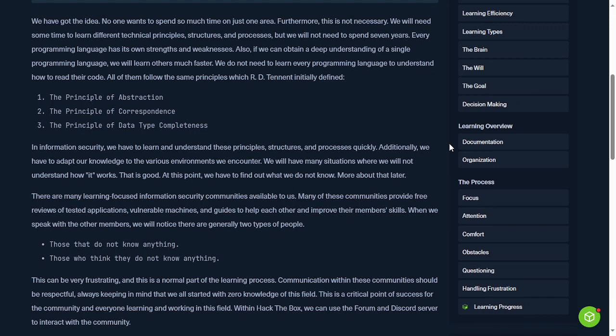We do not need to learn every programming language to understand how to read their code. All of them follow the same principles which R.D. Tennant initially defined. The principle of abstraction, the principle of correspondence, and the principle of data type completeness.